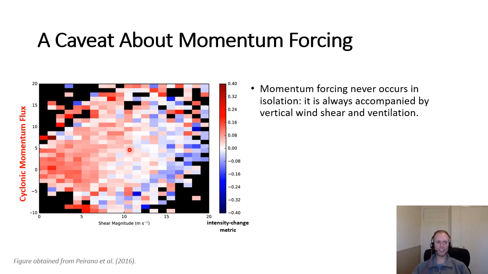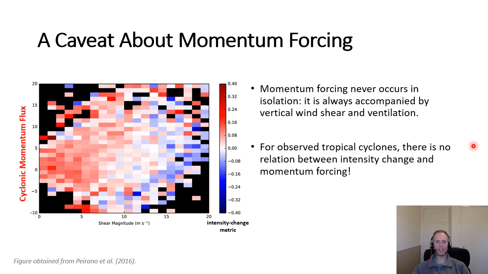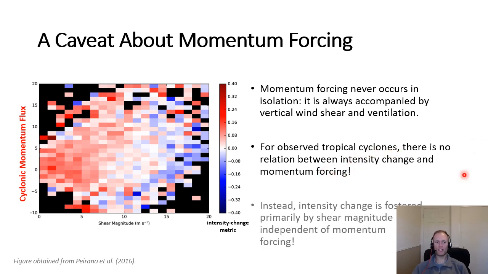What you see instead is that as you go for any momentum flux from low shear to high shear, you go from reds to blues, which means that the dominant signal is not between intensity change and momentum forcing, but rather between intensity change and shear magnitude.